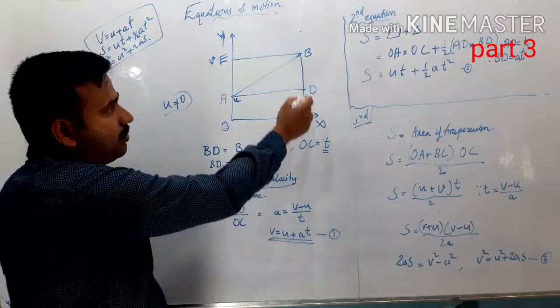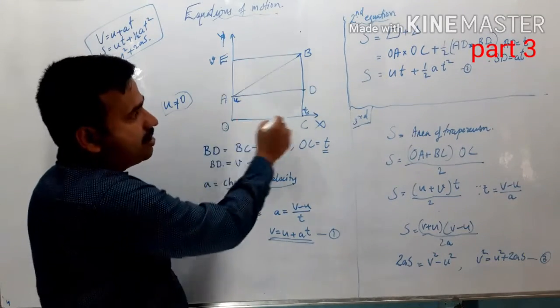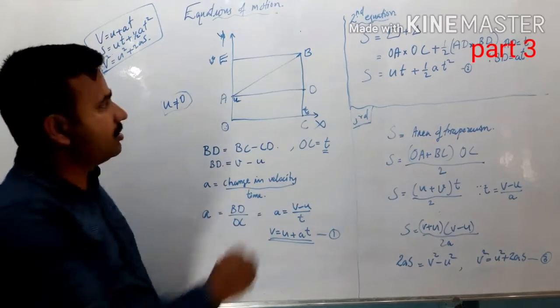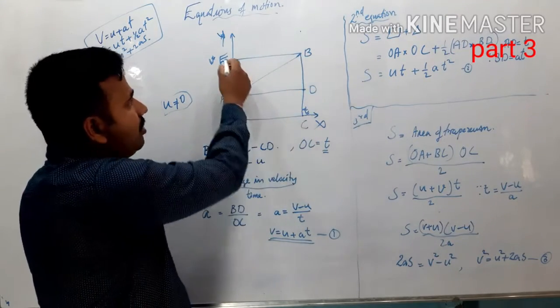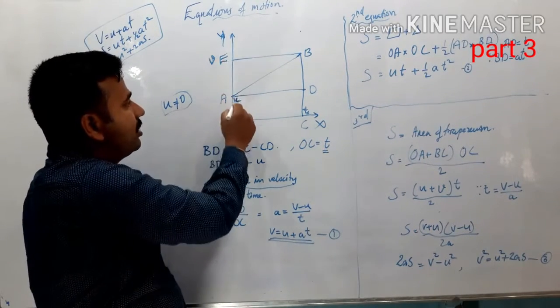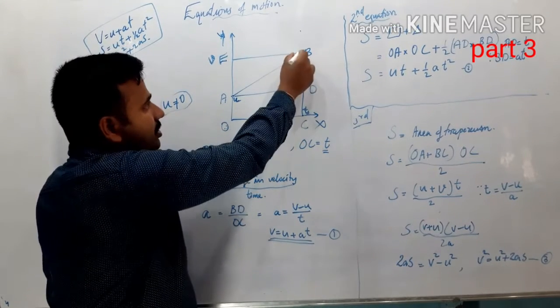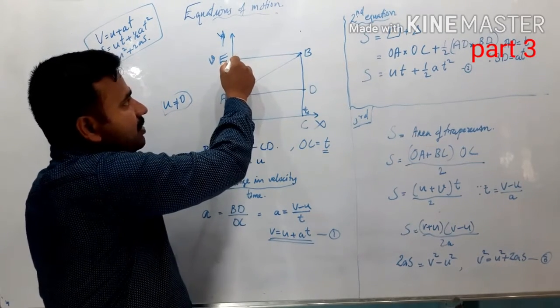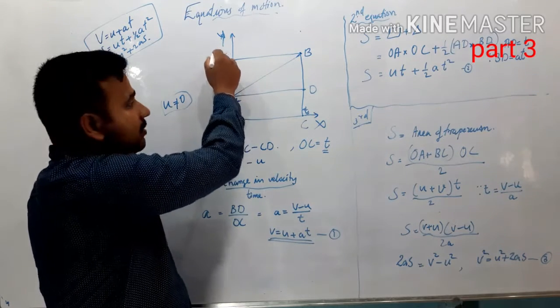If you look at the right hand side of this graph, this portion looks like a rectangle. So here BC will be equal to OE. OE is the final velocity; if you drop a perpendicular to the y-axis, here you will get the final velocity.